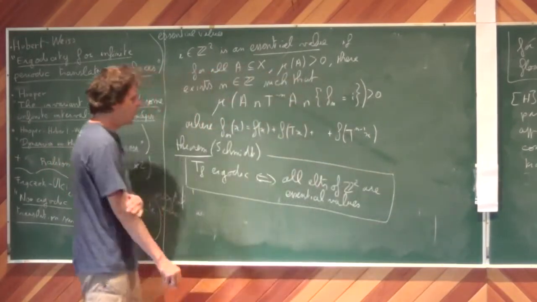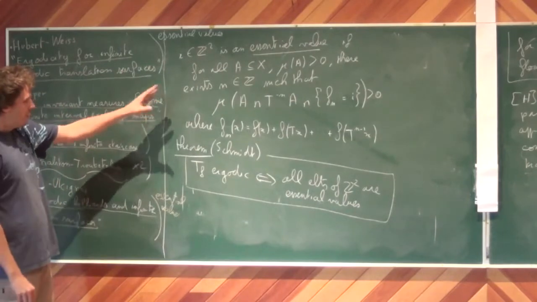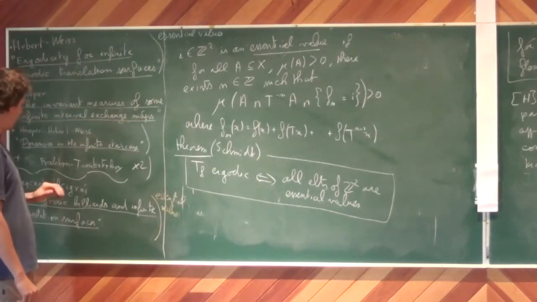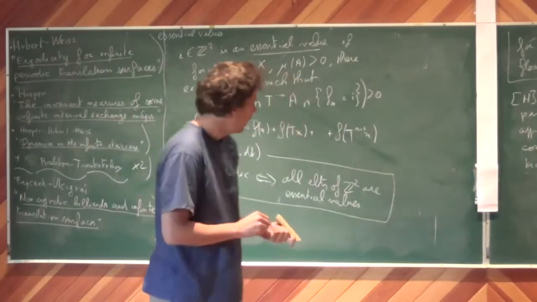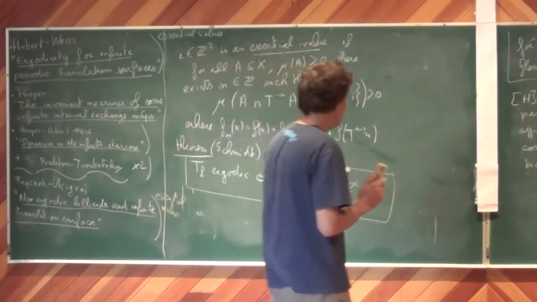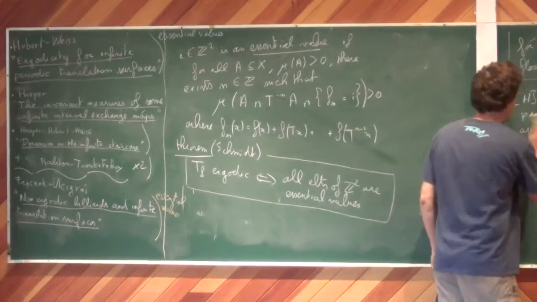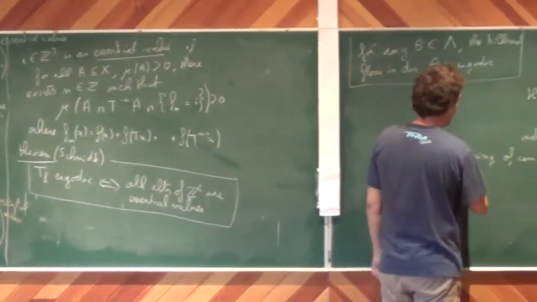Actually, you do not need the definition of essential values for the proof here. The proof here uses an extra proposition about essential values and how we modify them.